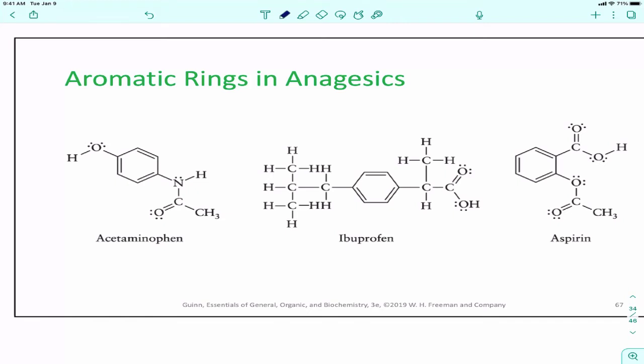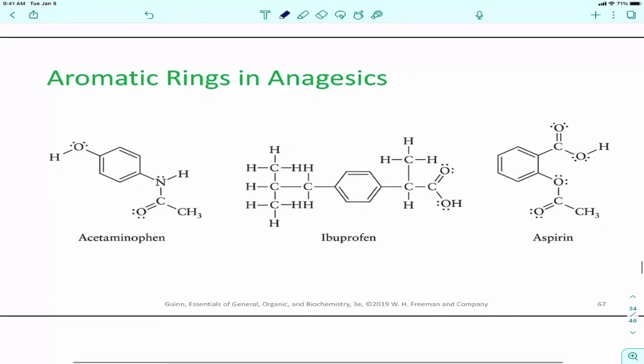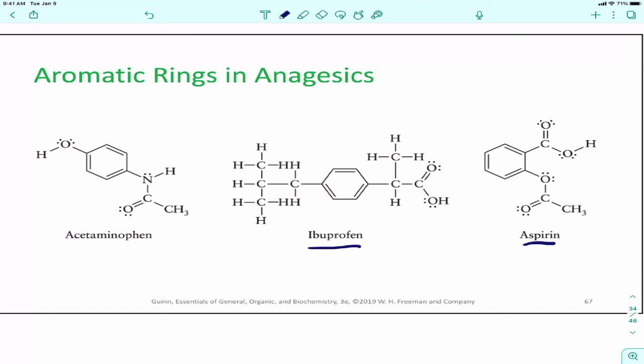Some people, like me, usually go for aspirin. That's the one I prefer. My wife tends to go for ibuprofen. Certain people use different drugs because their bodies are a little bit different, and that's totally okay. Let me explain why.